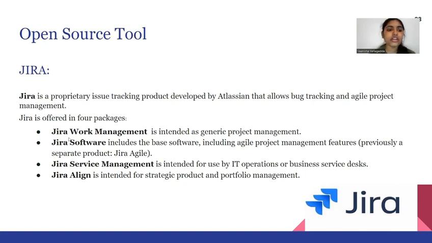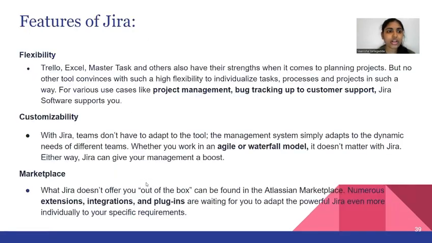We have 4 packages: Jira Work Management, which is used for generic project management; Jira Software, which includes base software with agile project management features; and Jira Service Management, which is used for IT operations or the business desk. And Jira Align is for strategic product and portfolio management. Some of the features of Jira are that it is very flexible.